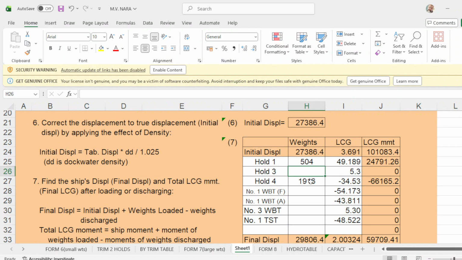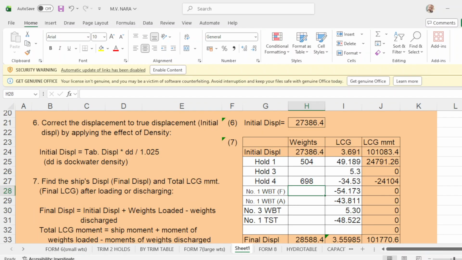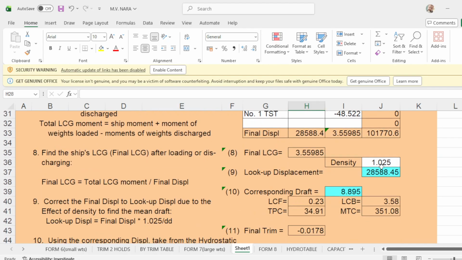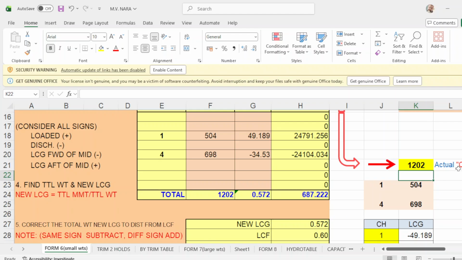Put here 698, LCG 3453, okay? And put here 1.012, and your final mean draft is 9 meters, and you have also 9 meters here, almost even keel, okay? Now, take note.